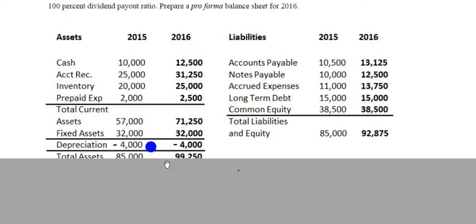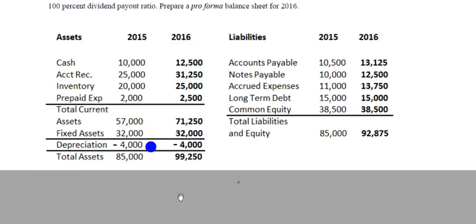And since the net fixed assets aren't going to change at all, we're not going to change either our fixed assets or our accumulated depreciation. So that's not going to change, and we're going to end up with our new total asset figure here and our total liabilities and equity right here.